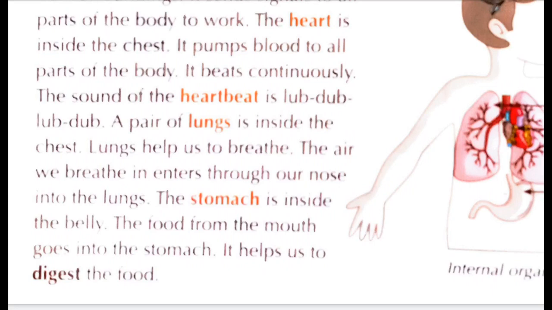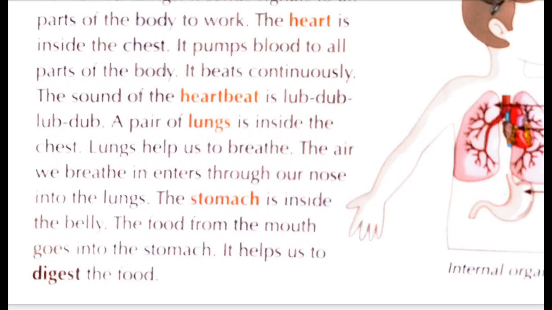Okay. Another one is lungs. A pair of lungs is located inside the chest. It helps us to breathe. Another one is the stomach. The stomach is located inside the belly and it helps us to digest the food.